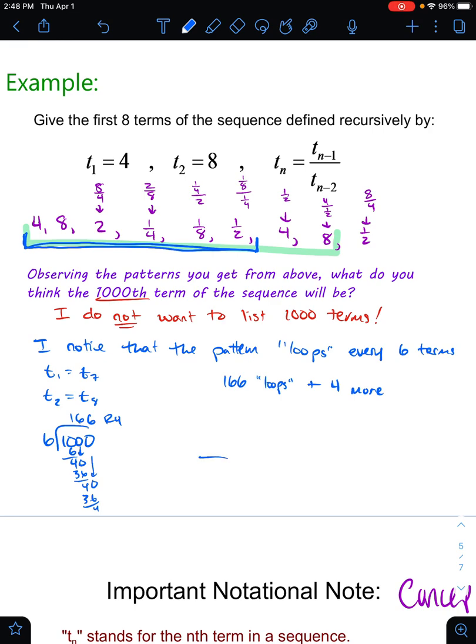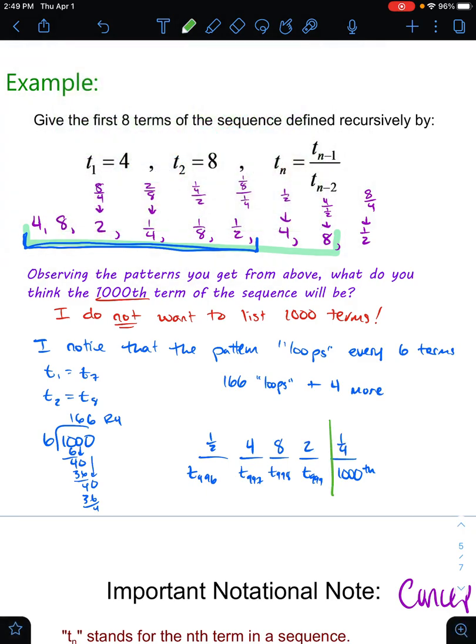Which means that if this is term 1,000th and this is T sub 999, T sub 998, T sub 997, and T sub 996, I know that T sub 996 is going to be that 1/2, because that's this quotient of loops, which means that's going to be 4, 8, 2, 1/4.